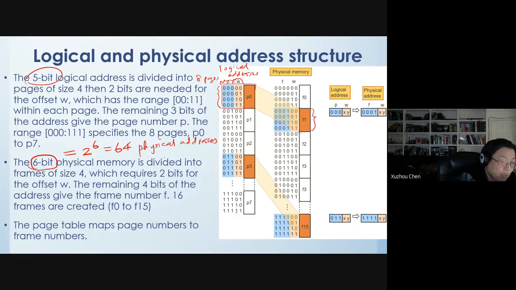Now with 64 physical addresses, if the frame size is 4, 64 divided by 4 gives us 16. So we have a total of 16 frames. Okay. Now with this, we can map each page in the logic address into a physical memory location, because the page size and the frame size are the same.